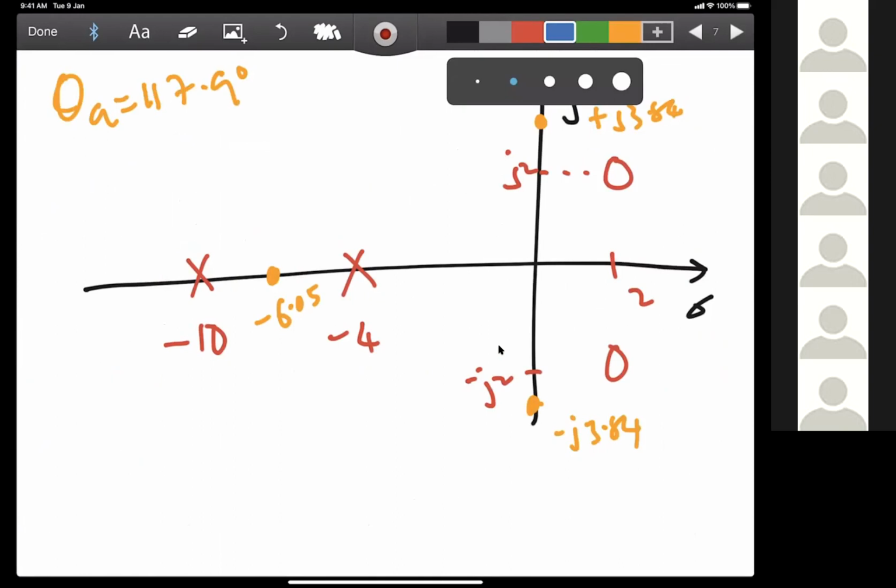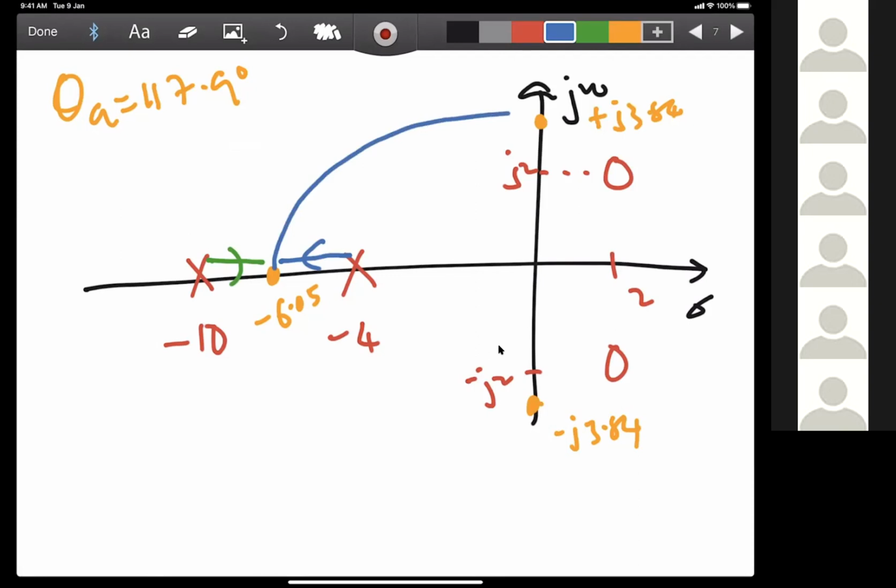Okay, one is here. Okay, green one is here. Start from the poles, ended at zeros. And then one will go up, and the other one will go to this side.